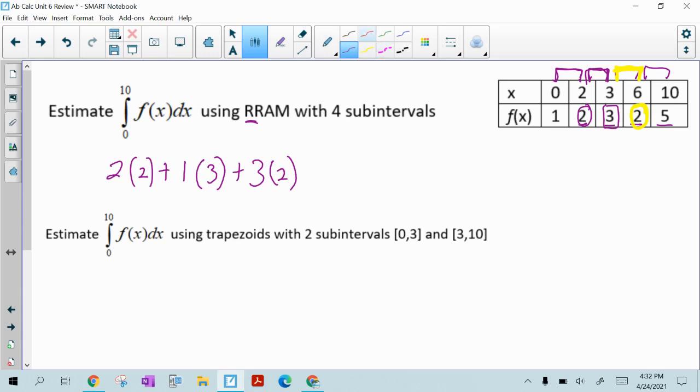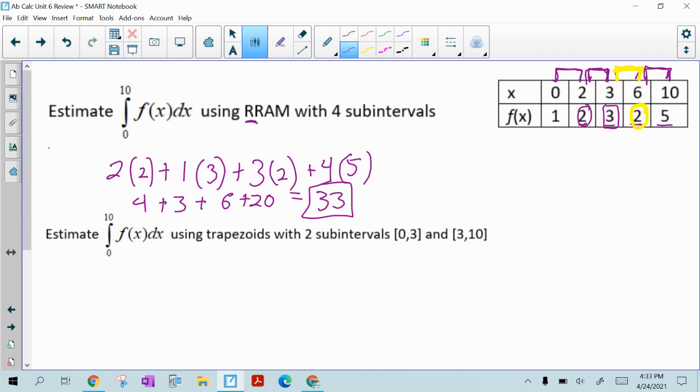And then finally, we're going to finish off this one by saying we're going from 6 to 10, which is a distance of 4. And I'm going to use that height of 5. So I'm going to be looking at 4 plus 3 plus 6 plus 20, which is going to get me a grand total of 33 is my answer there.